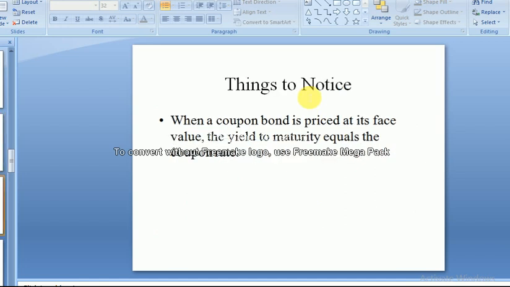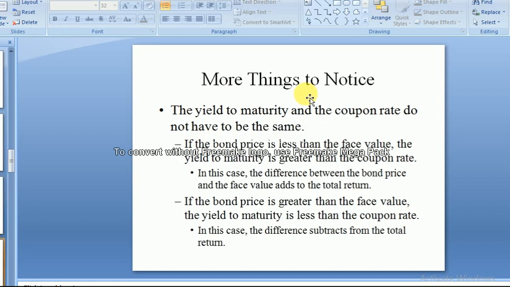When a coupon bond is priced at its face value, which is a technical point you should note, dear students, the yield to maturity equals the coupon rate. More things should be noted: the yield to maturity and the coupon rate do not have to be the same.